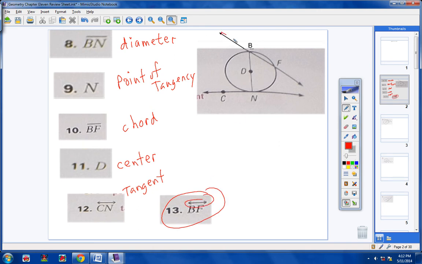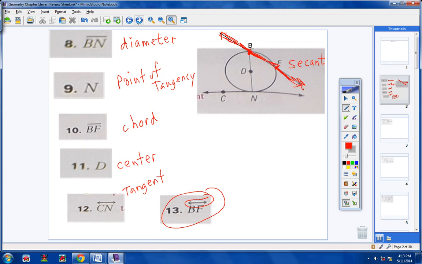Line BF is a line that's intersecting the circle in two places, and we call that a secant line or a secant. Not a segment. We're not talking about a segment that has its endpoints on the circle. This is line BF, which is a whole line that goes through the circle and intersects it in two places. We call that a secant.